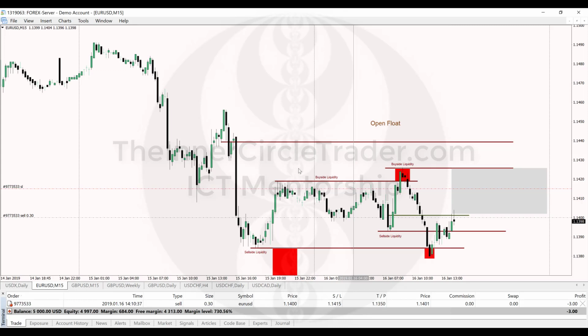I don't rely on that because I can see it conceptually and from a framework standpoint, and that's what open float is. Okay, what orders are existing and floating? This is why the concept is open float. It's floating out in the marketplace where it could be absorbed or tapped into.